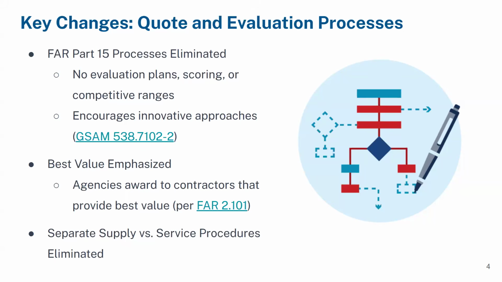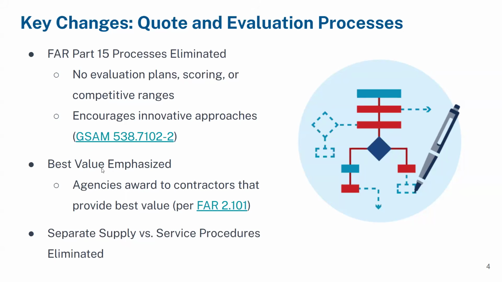Again, the language encourages these innovative approaches. There are a number of tools that OGP is putting out. The FAR Council, in partnership with OGP, is also putting out a number of tools on acquisition.gov. And we're certainly hoping that ordering agencies will be using those tools to develop innovative approaches for purchasing on schedules.